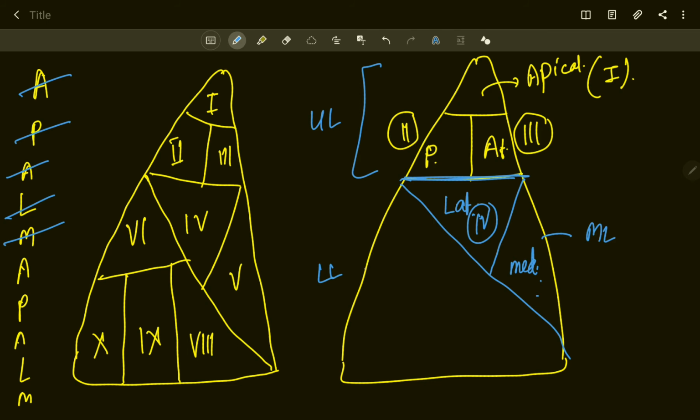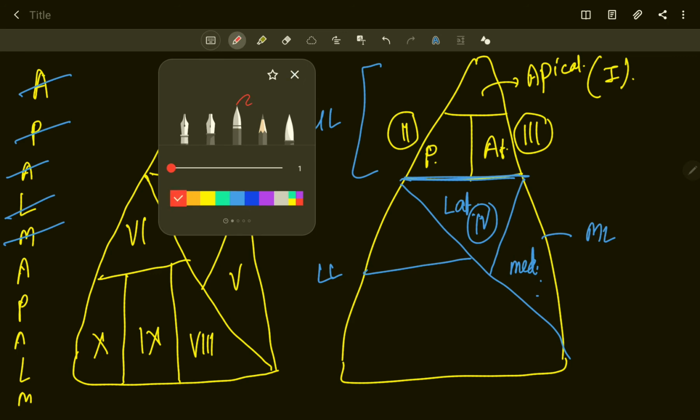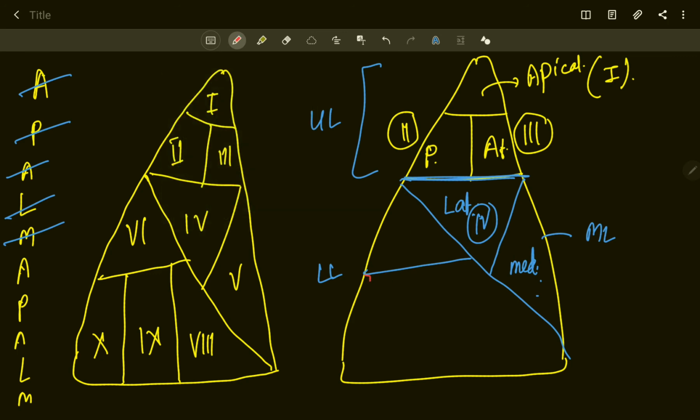In the lower lobe there is also an apical segment. This is apical basal, so the number is 6. Now you can see the 4 basals also here.